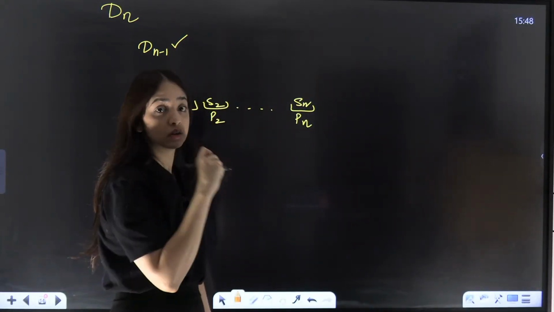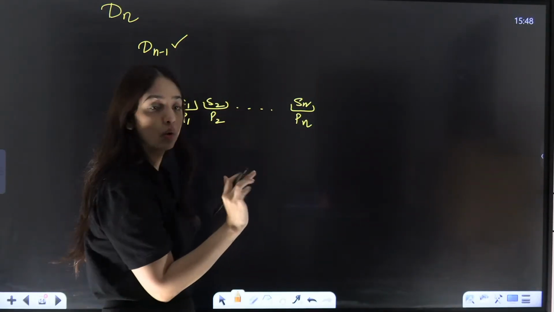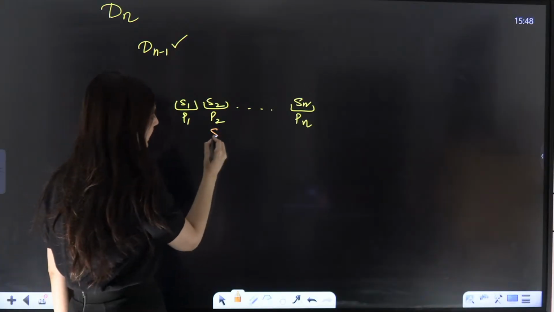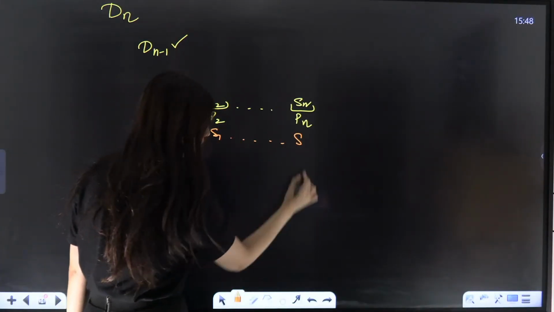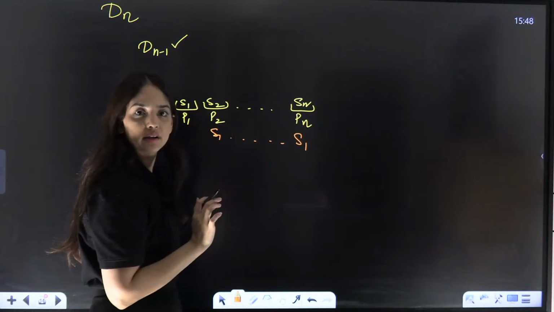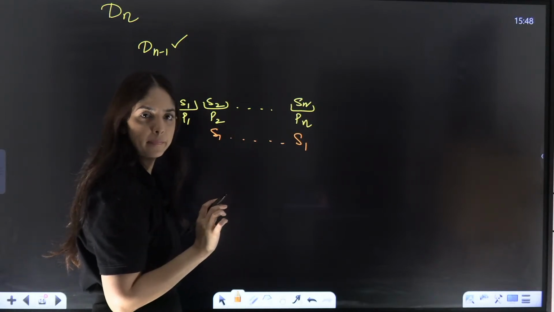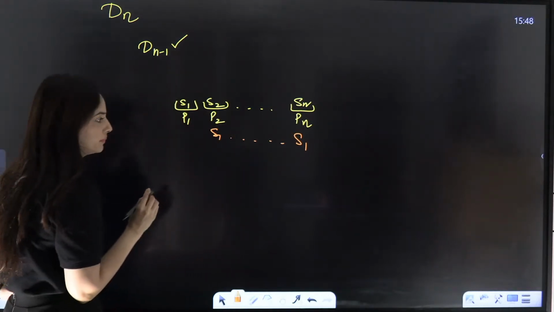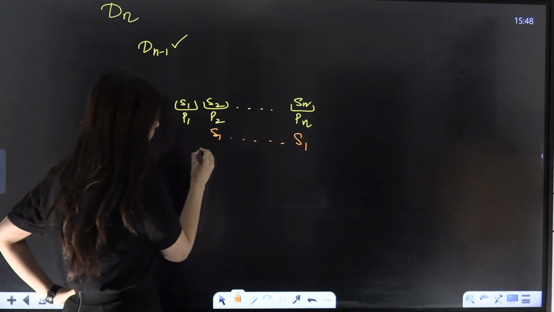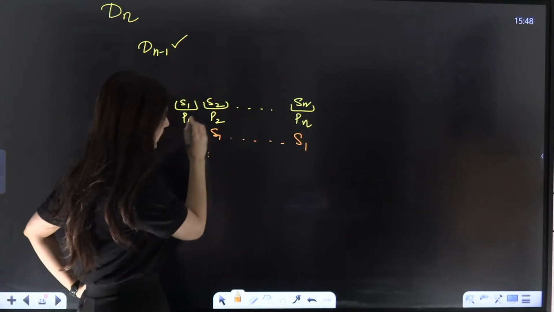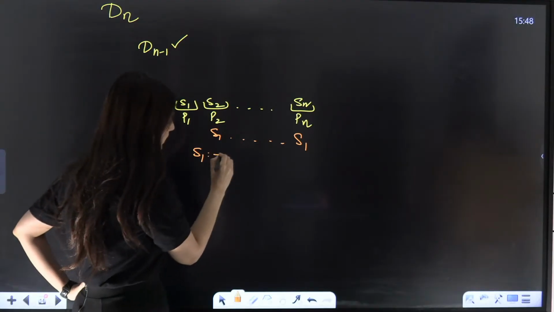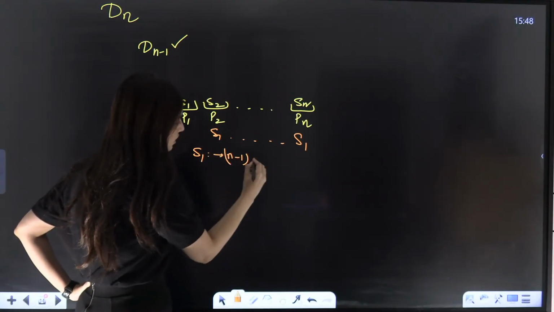Now, S1 can go. Where can S1 go? S1 cannot go here, but S1 can go anywhere from P2 to Pn, right? So that means for S1 I have n minus 1 options.